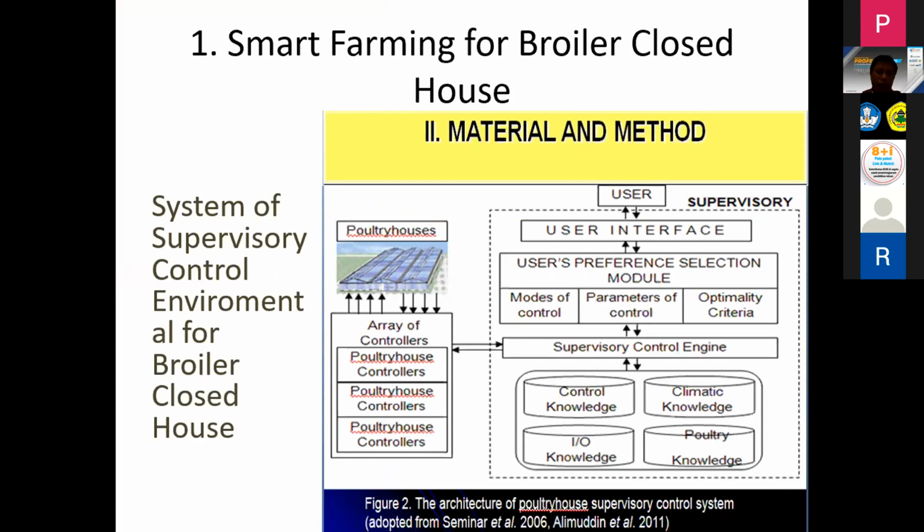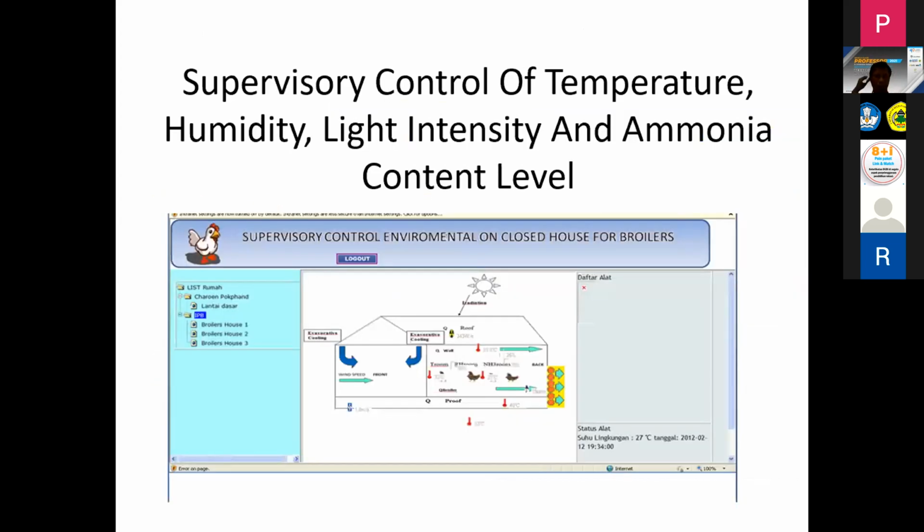Here, especially, we discuss the broiler closed house. The broiler closed house is a good development in Indonesia, maybe also in the world, Japan, and Malaysia. And this is my PhD research here.